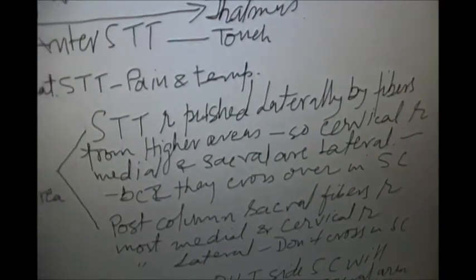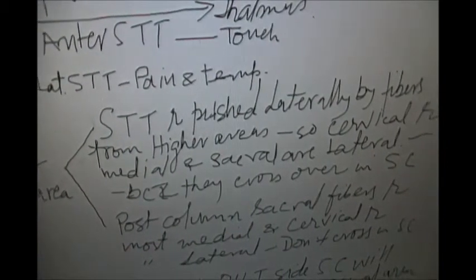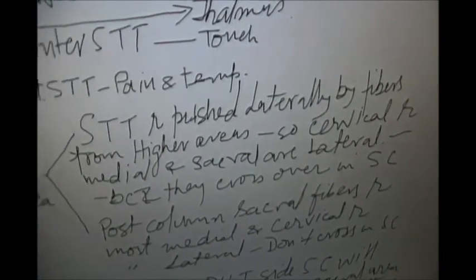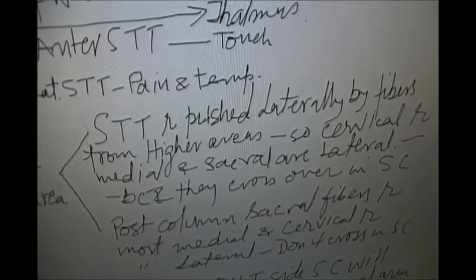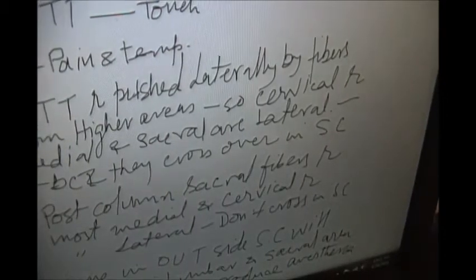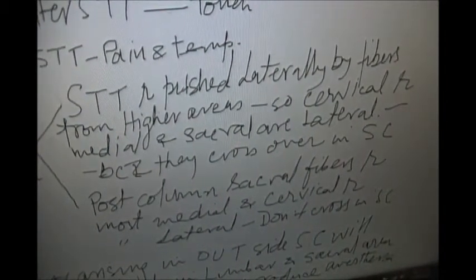So the cervical fibers are most medial and the sacral fibers are lateral, because they cross over in the spinal cord. Compared to this, in the posterior columns, the sacral fibers are most medial and the cervical fibers are lateral, because these fibers travel up ipsilaterally in the white matter up to the medulla.